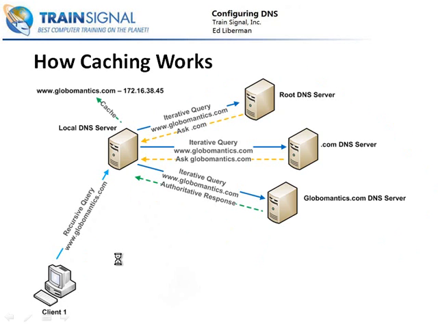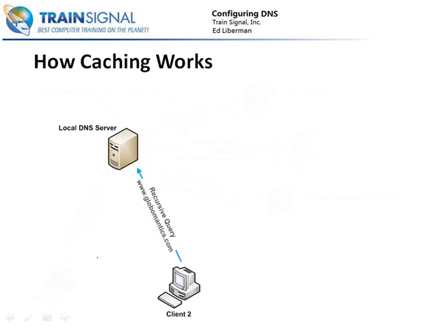What it does next is it puts that response into its local cache. It says, okay, I'm going to go ahead and store the fact that www.globalmantics.com is IP address 172.16.38.45. Then it goes on and sends that response back out to the client. Now, the reason it did this is because now we have client 2 making another recursive query for www.globalmantics.com, the same name.